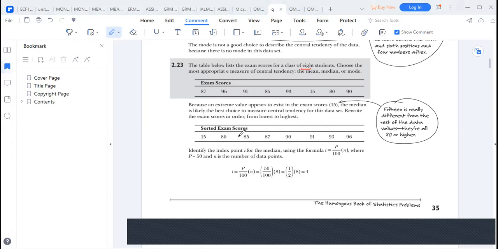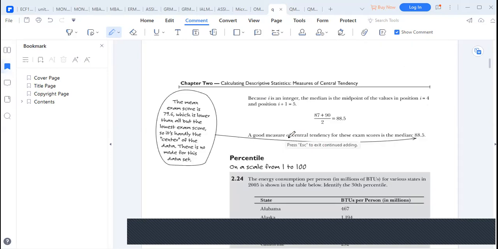We have 1, 2, 3 this side, 1, 2, 3 this side, so these two comprise the median. We get the average of the two. So 87 plus 90 divided by 2 gives 88.5 as our median. So we can say a good measure of central tendency for the exam is 88.5.